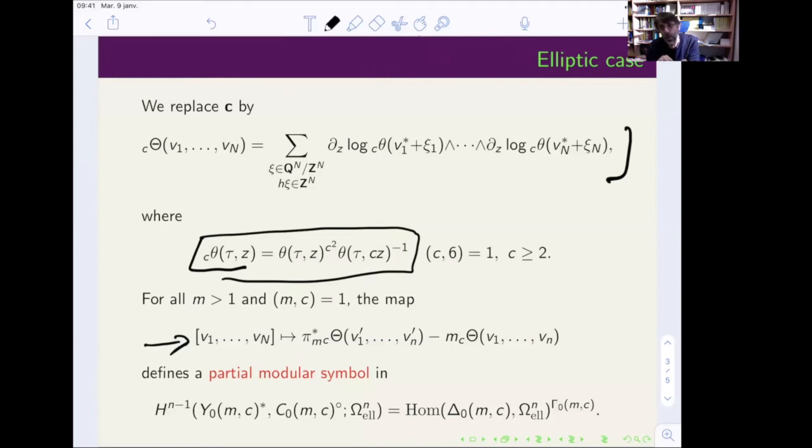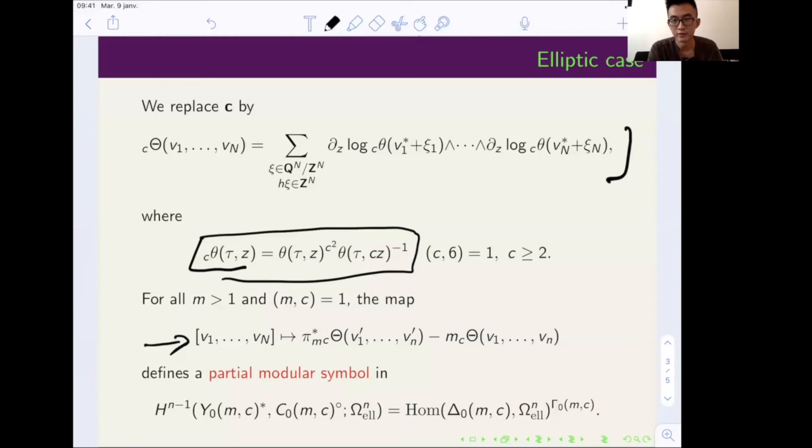To go from the 2n-1 class to the n-1 class: what I said today gives you an n-1 cohomology class of the group with values in degree n forms.